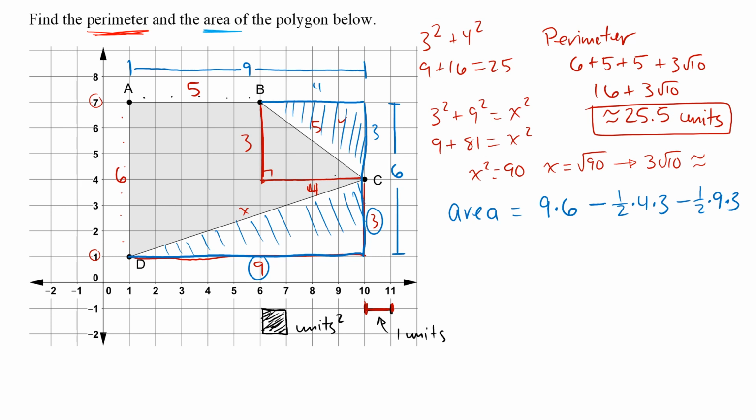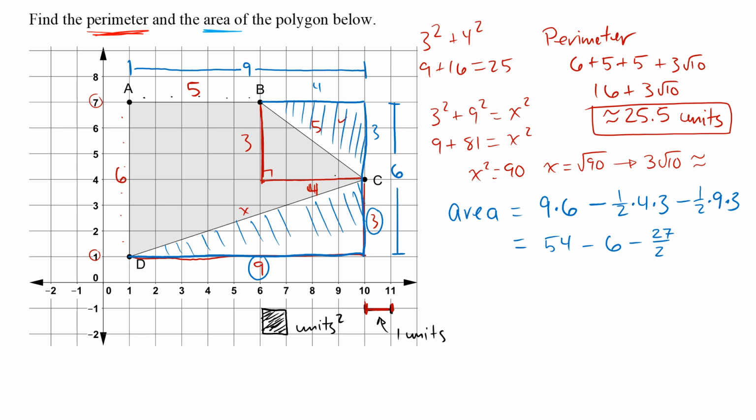So we probably should do a bit of arithmetic now, right? 9 times 6 is 54. And I'm going to subtract from that 1/2 of 4, which is 2, times 3, which is 6. And I'm also going to subtract from that, let's see, 3 times 9 is 27. I'm going to take away 27 halves. 27 divided by 2 is 13.5.